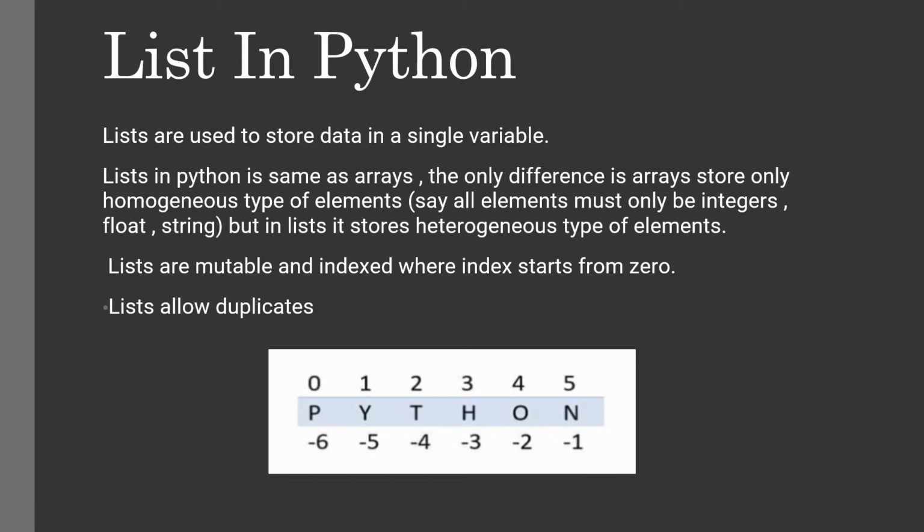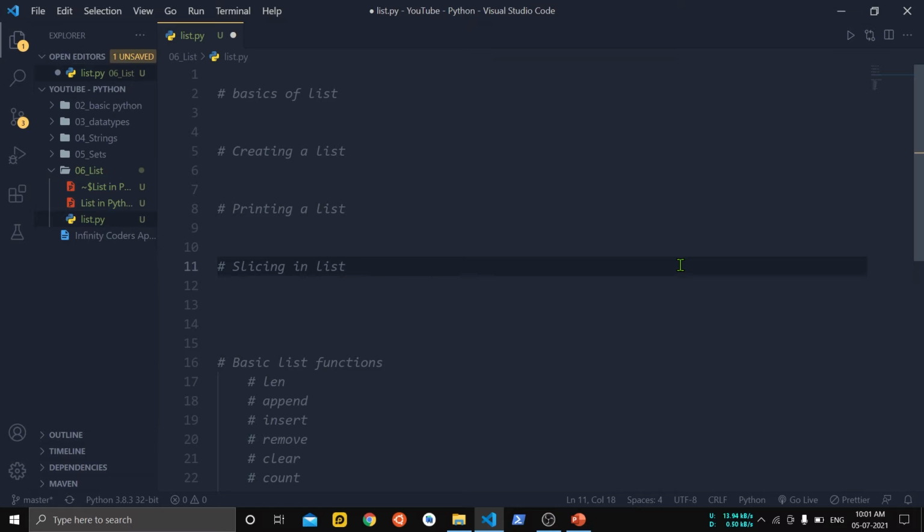If we want to access element in forward direction, we should use positive index, that is from 0 to the end of the list. And if we want to access elements in the backward direction, we have to use negative indexing, that is -1, -2 and so on.